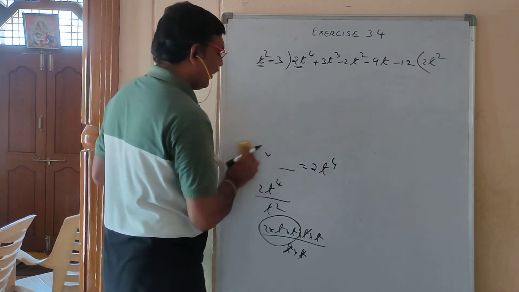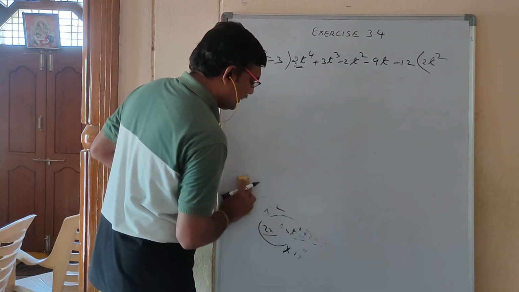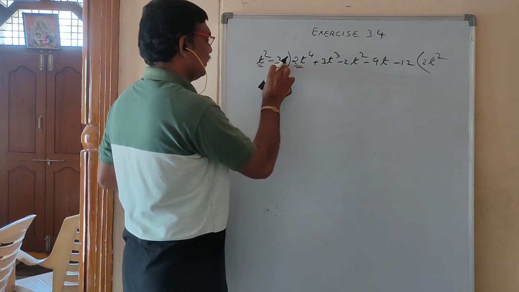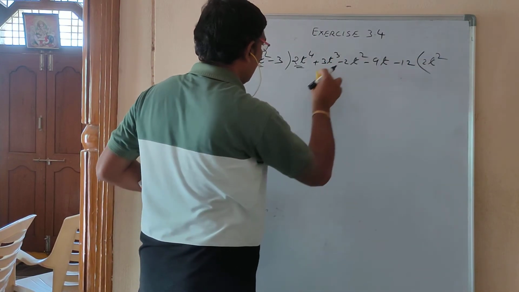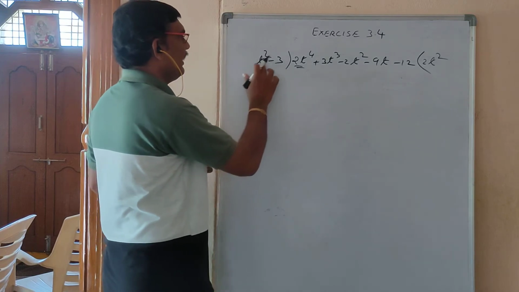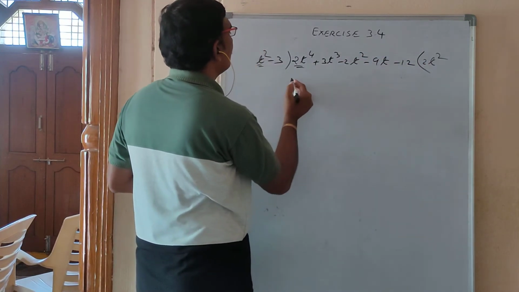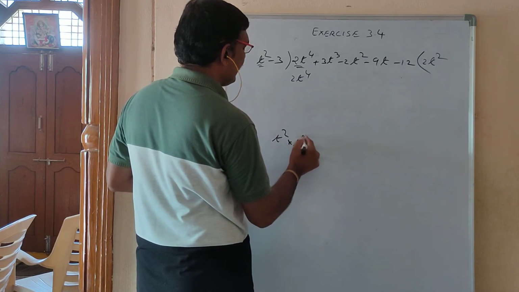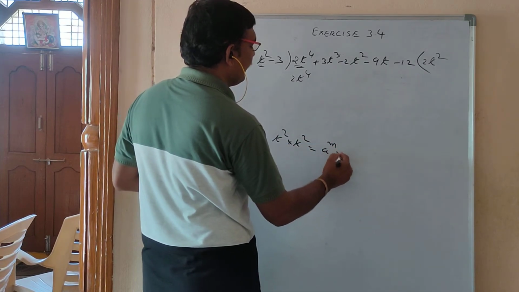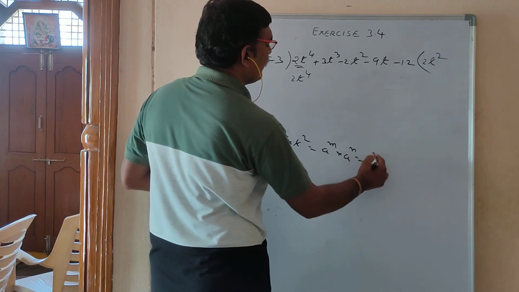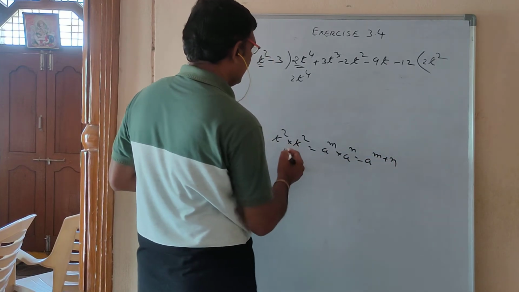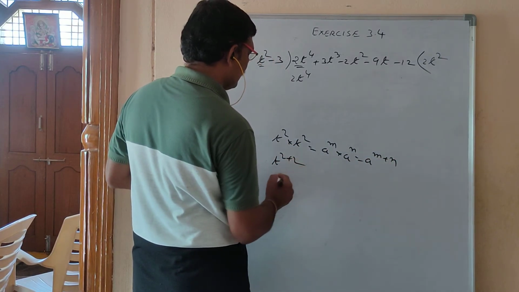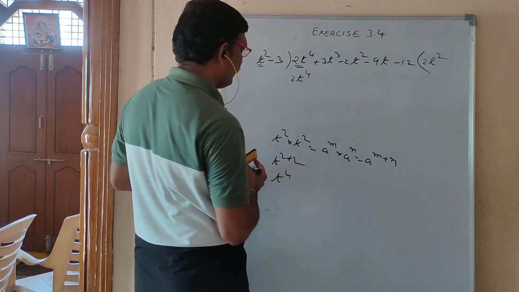Okay. Next, you have to multiply these two terms with 2t square and write here. So t square into 2t square is 2t to the power of 4. See, t square into t square is like a power m into a power n; the formula is a power m plus n. This is t power 2 plus 2, and 2 plus 2 is 4.